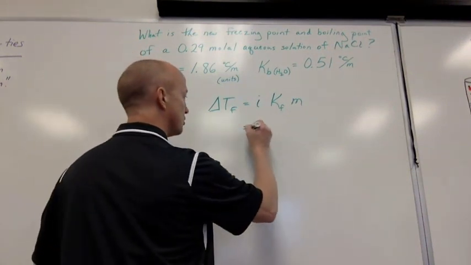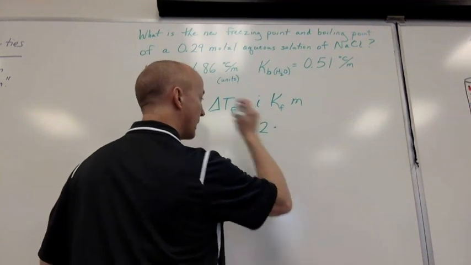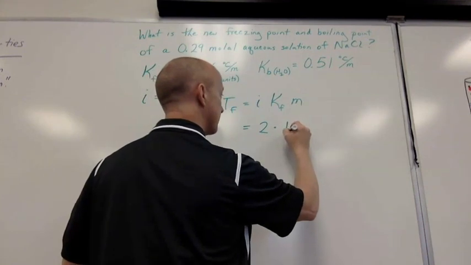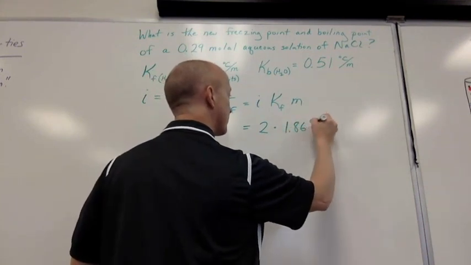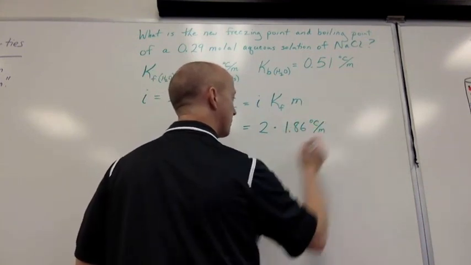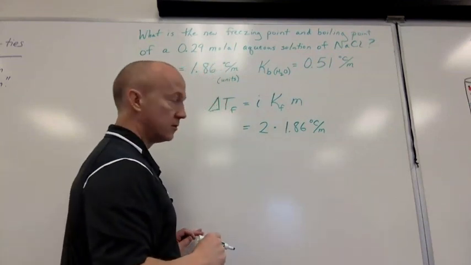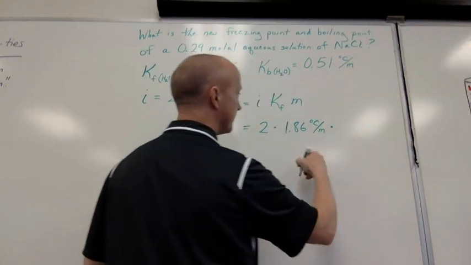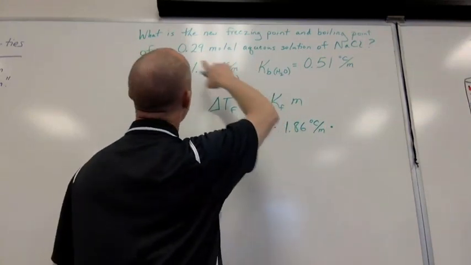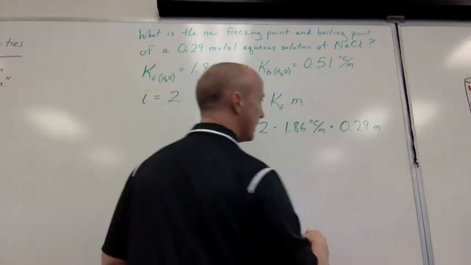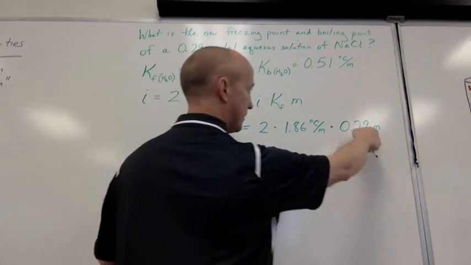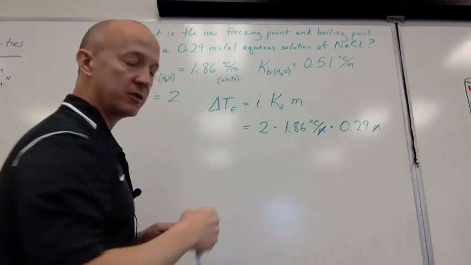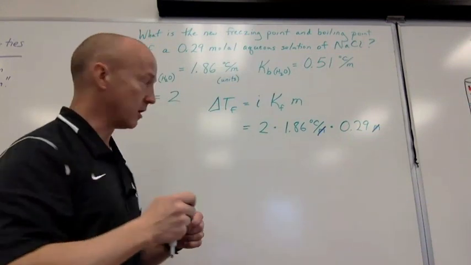So we have 2 times the K sub F, which is 1.86 degrees Celsius per molal. Now the reason why we do that is because molality is right here, isn't it? So we have 0.29 molal, and when we do that, this and this cancel. We're left with degrees Celsius, which is exactly what we want.